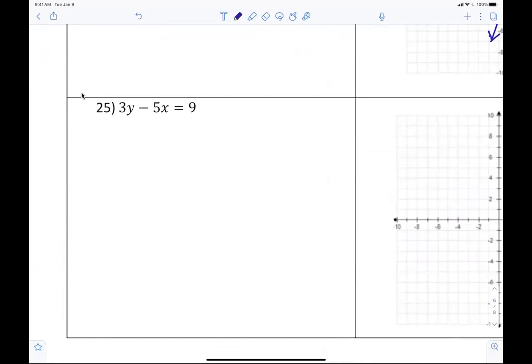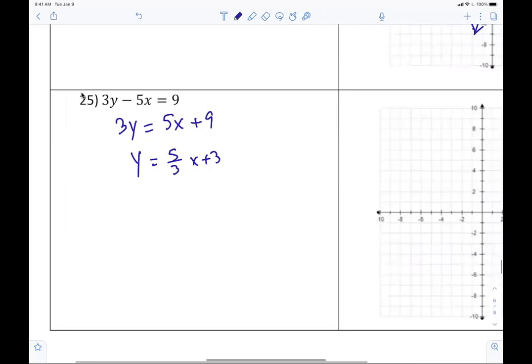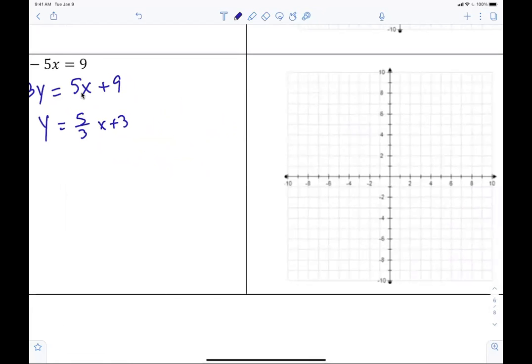Liam, tell me what to do. So first you add 5x to the other side, and then you divide 3 from both sides. Right. y equals 5/3x plus 3, beautiful. Now what? 3 is the y-intercept, so it's 0, 3. And then the slope equals 5/3.